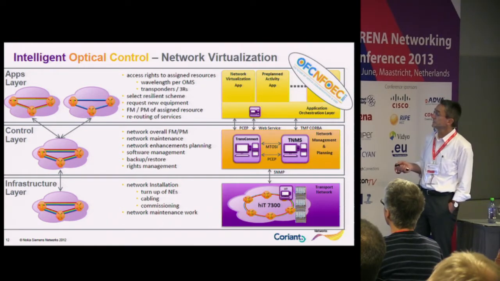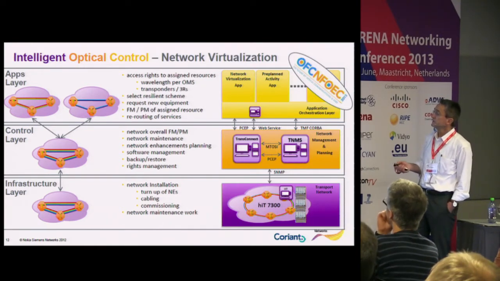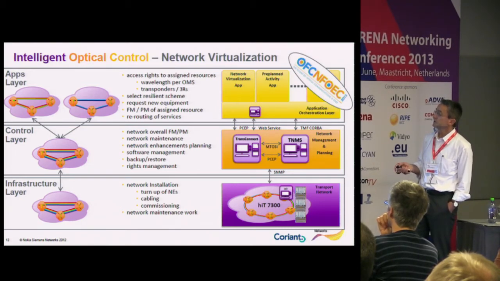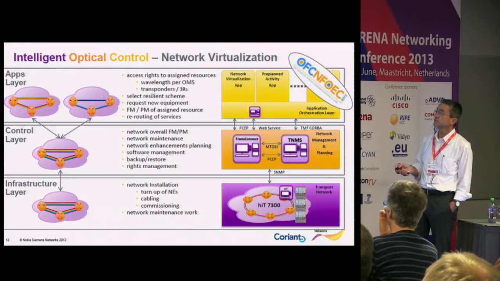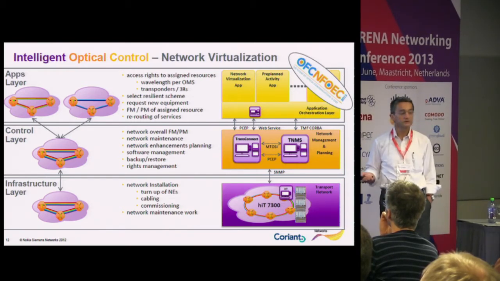The control layer basically takes the full control of the DWDM network, and then on the applications layer, we have realized splitting this network into different parts, so different wavelengths for each section, different access to transponders, and so on.